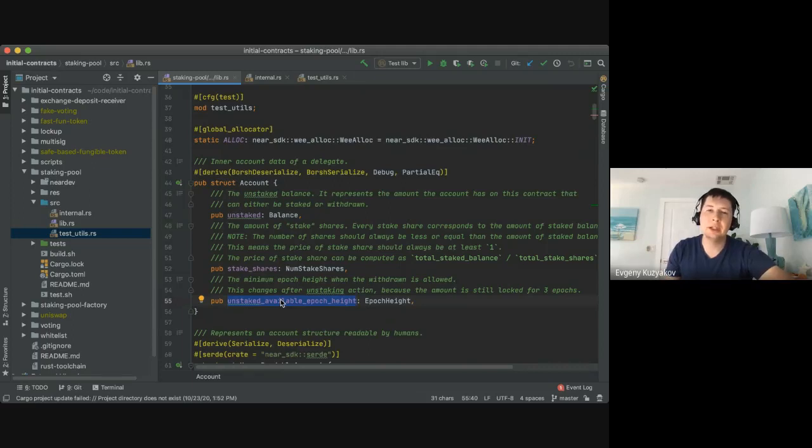To make sure that doesn't happen, we lock the balance for 4 epochs instead of 3 to account for this border case.